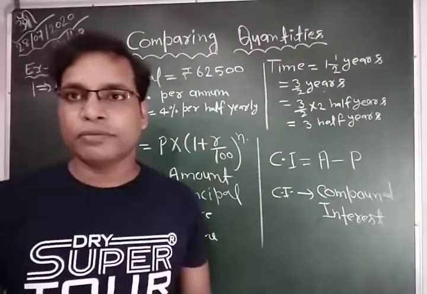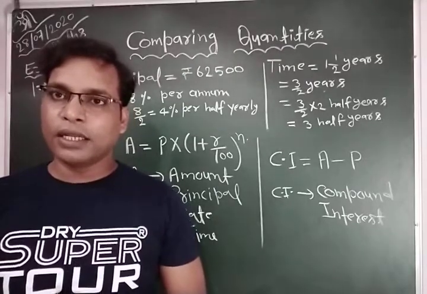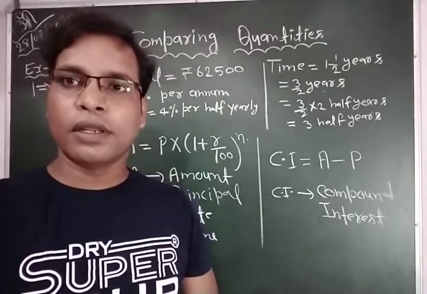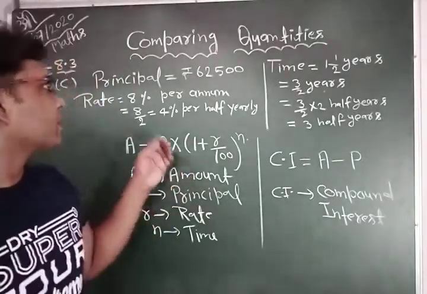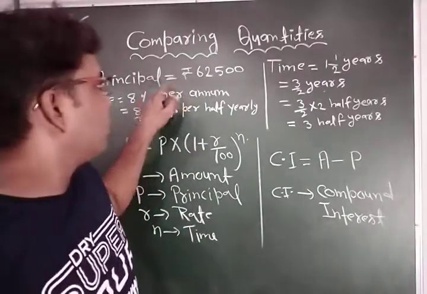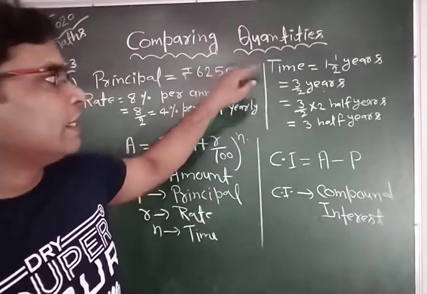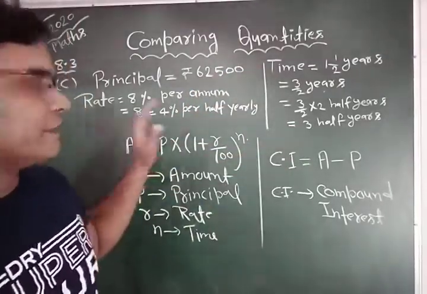Now we are going to find the amount and compound interest. Principal P is 62,500, time is 3 half years, and rate is 4.